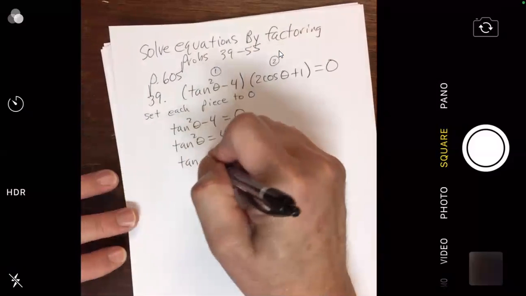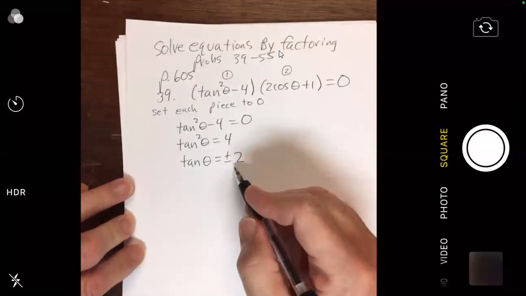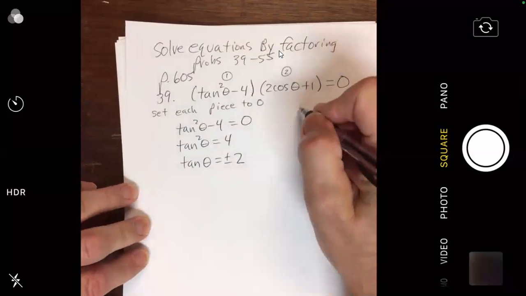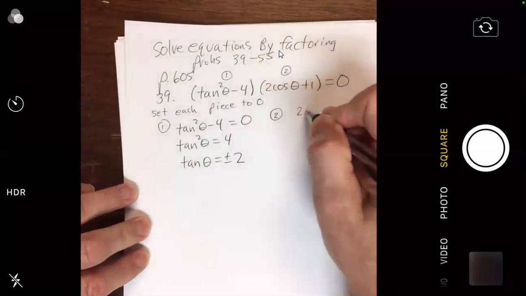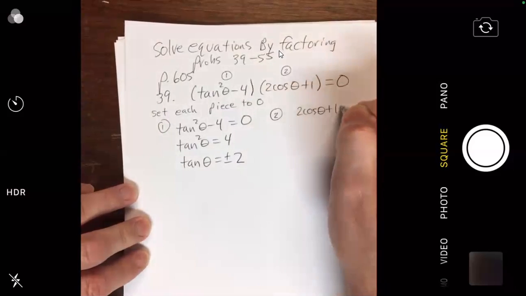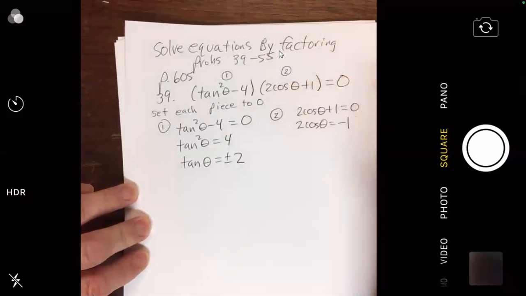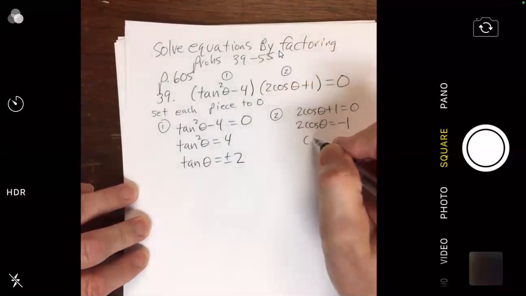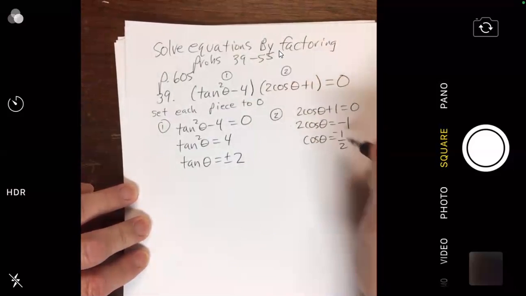Tangent theta then would be plus or minus 2. That's not going to be circle numbers. Piece 2, this is piece 1. Piece 2 then, twice cosine theta plus 1 equals 0. Twice cosine theta would equal negative 1. Cosine theta would be negative 1/2, and that is off circle.